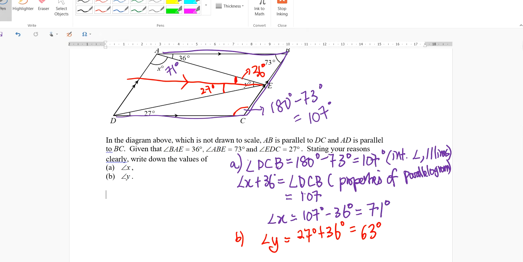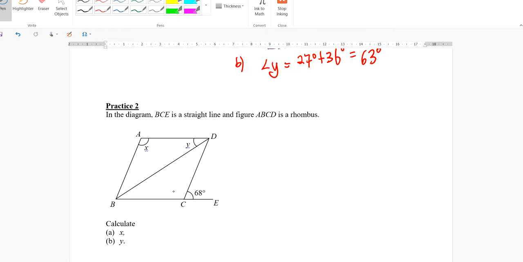Okay? Okay, once you're okay with this, could you try practice 2 now? Since it's a rhombus, use your pencil, mark all these sides equal. It will help you. Then from there, you try to answer the question yourself.